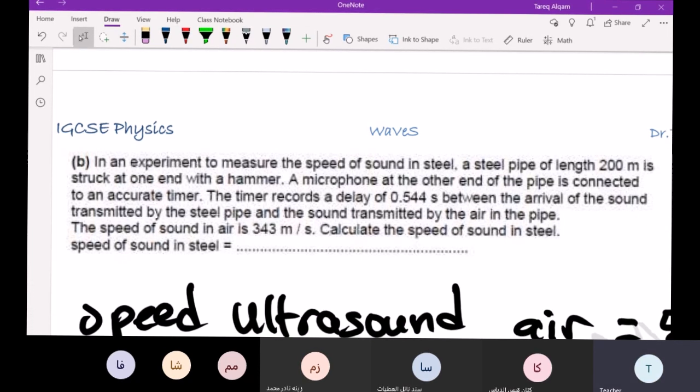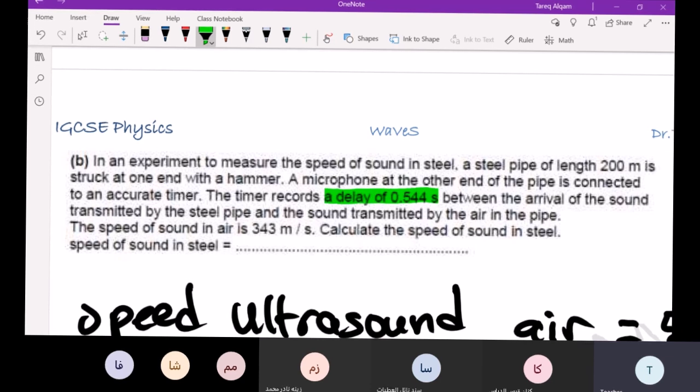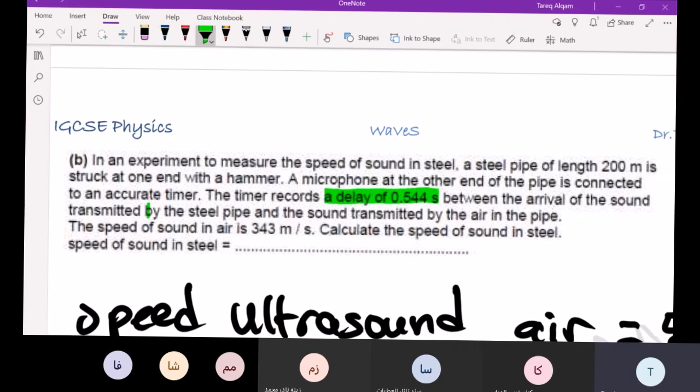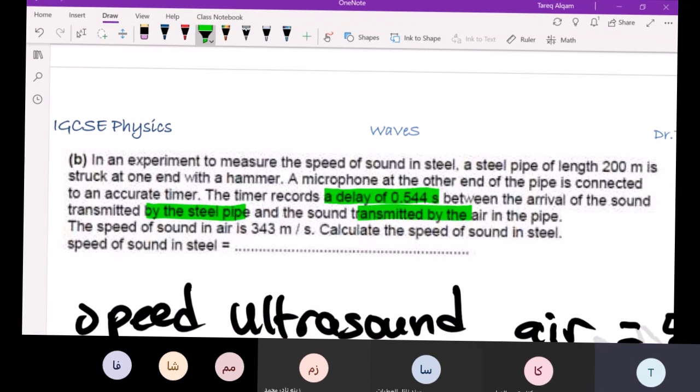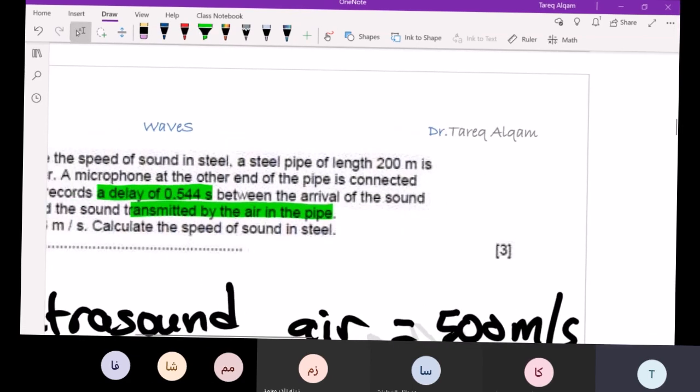The timer records a delay of 0.544 seconds between arrival of the sound transmitted by the steel pipe and the sound transmitted by air in the pipe. The speed of sound in air is given. Calculate the speed of sound in steel.